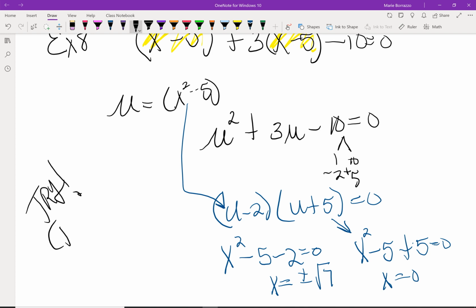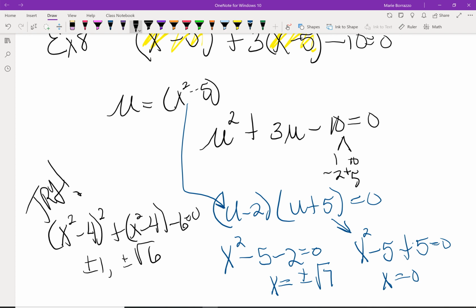This try question is x squared minus 4 squared plus x squared minus 4 again minus 6 is equal to 0. So go ahead and try that and pause the video, and I'm going to give you the solutions right here. So we have plus and minus 1 and plus and minus square root of 6. Those should be your two answers when all is said and done.